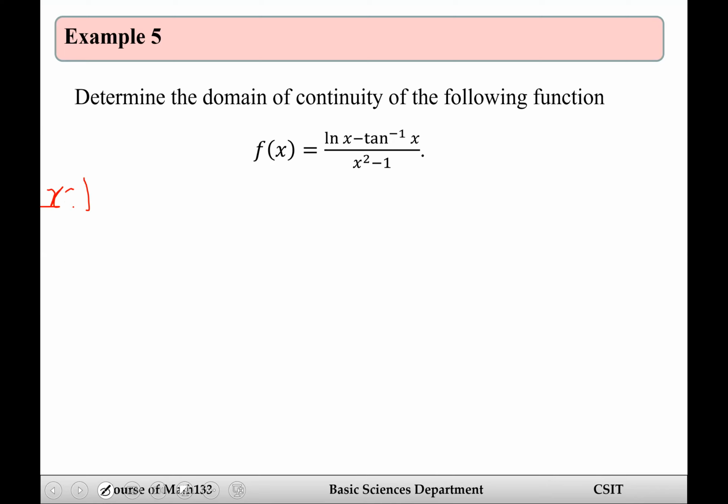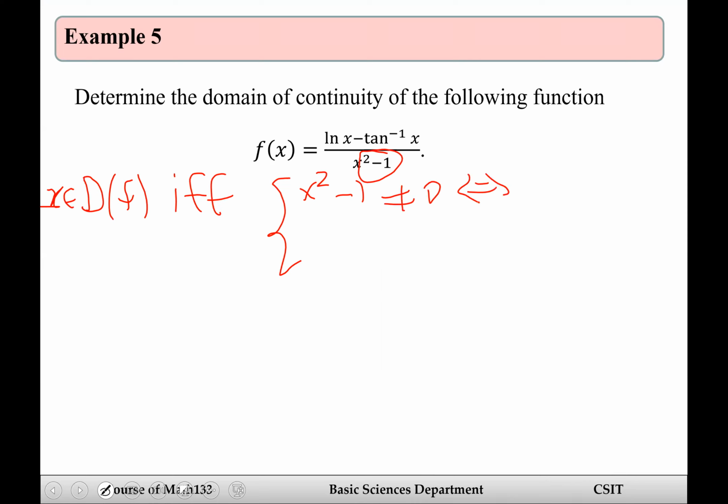Let's say x belongs to D of f if and only if some conditions are satisfied. First, the denominator must not be equal to 0. This means that x is not equal to plus or minus 1. We have to remove this.